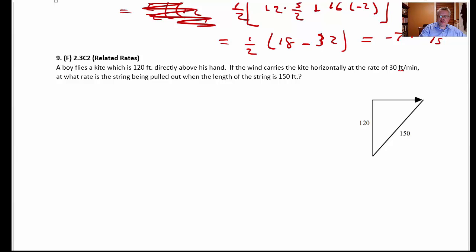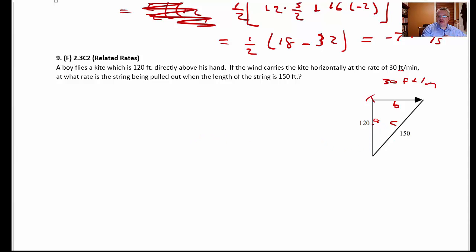So here's the situation. The kite was right here, and it's being blown that way at 30 feet per minute. Okay, so we can think of this as A, B, and C for the Pythagorean theorem. And C is changing this time. It's not like the ladder problem. This 150 is changing.